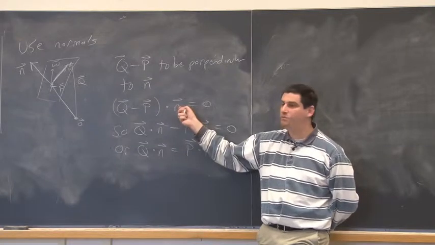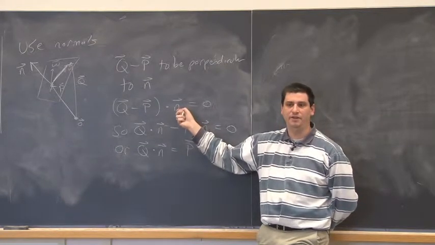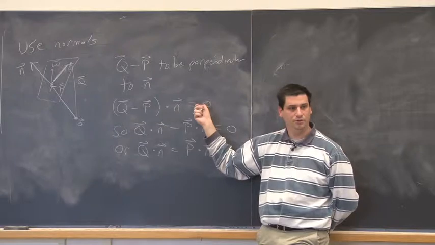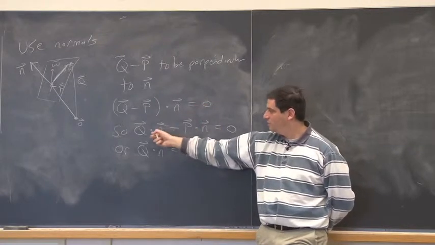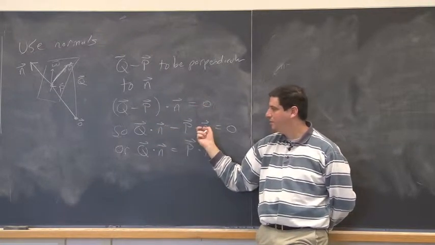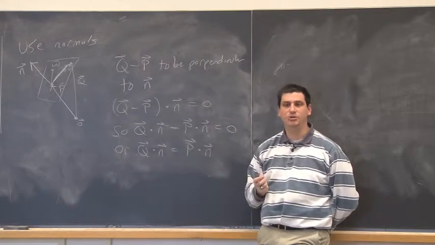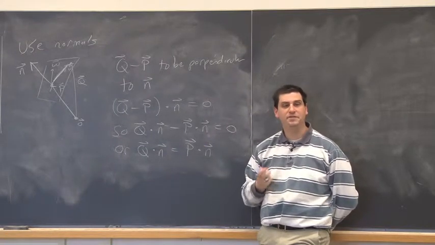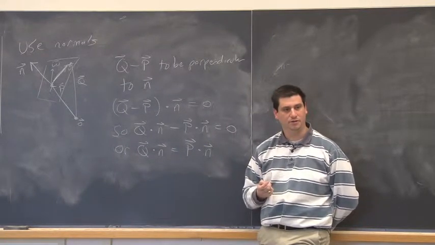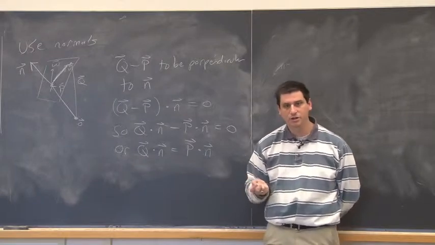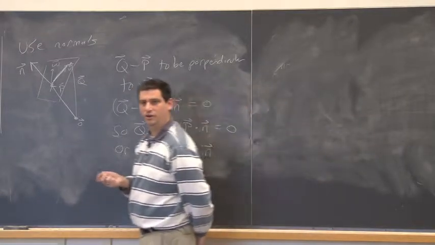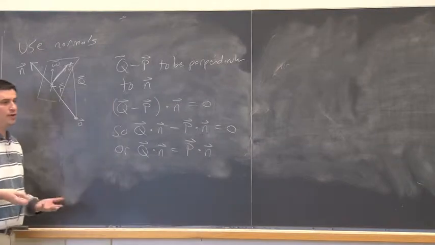So if I multiply every component of the normal by 5, is the dot product still going to be 0? Yeah. I've multiplied this part by 5, I multiplied this part by 5. These two are still going to be equal to each other. I don't have to take the normal to be unit length. I can if I want to, but I probably don't want to. I want to just take any normal that works.